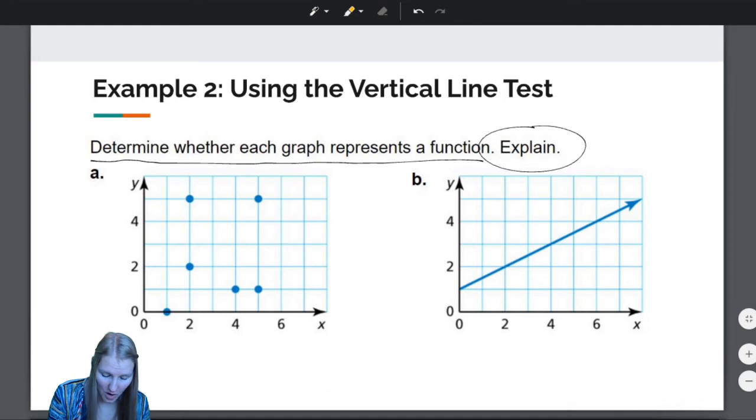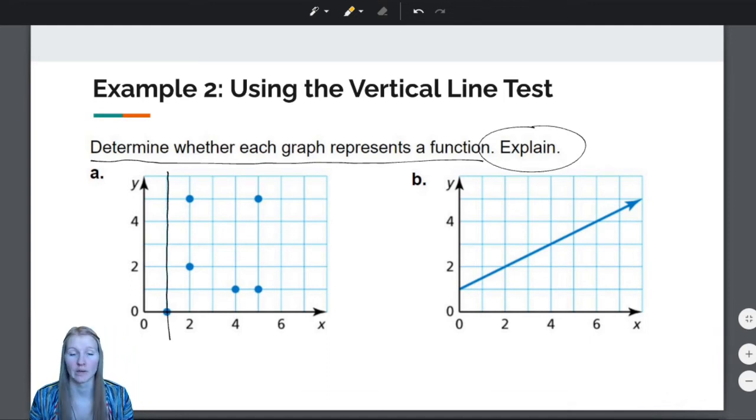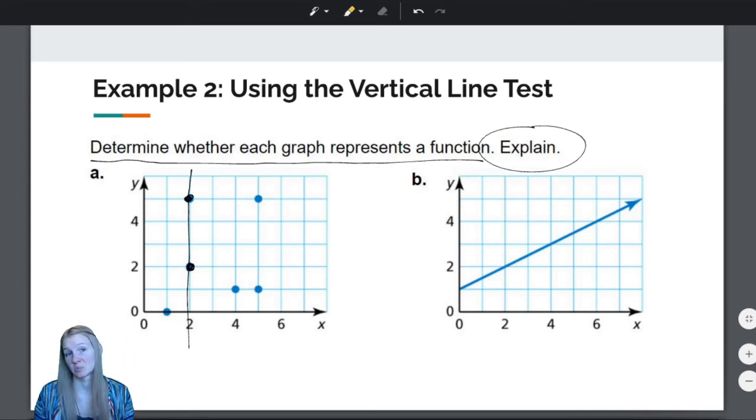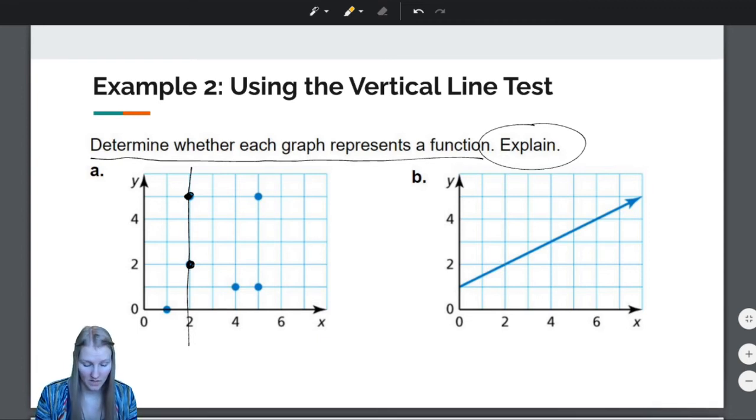Can I draw a vertical line that hits more than 1 point? Well, if I draw this vertical line, I only hit 1 point. Okay, that's okay. Ooh, but if I draw a vertical line here, uh-oh, I hit this point and I hit this point. So, not a function.